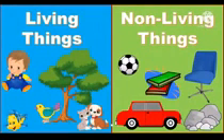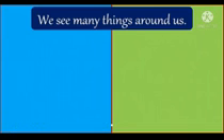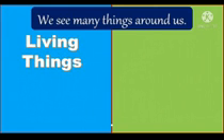Living things and non-living things. We see many things around us and on the planet we live on, from mountains to oceans, from plants to animals. There are many things in our surroundings which can be categorized into 2. That is, living things and non-living things.